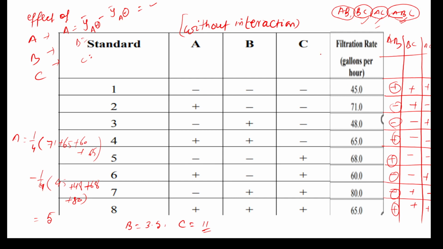For ABC, I will do it here: plus minus minus plus plus minus minus minus minus plus plus minus minus plus plus plus plus, plus minus minus minus plus plus plus minus minus minus plus minus plus minus minus then plus. So we got AB, BC, AC. Please calculate for AB, BC, AC and ABC.